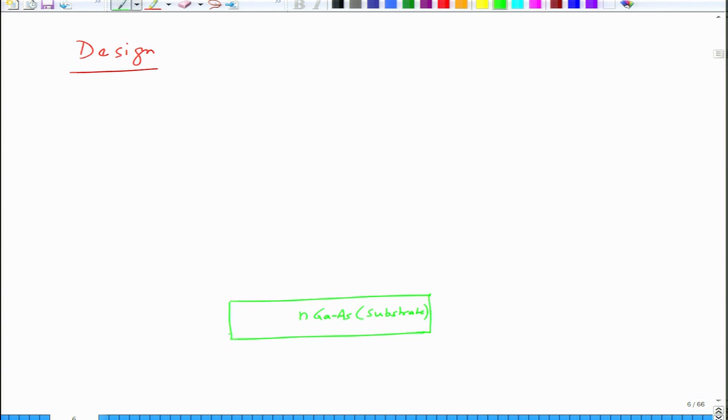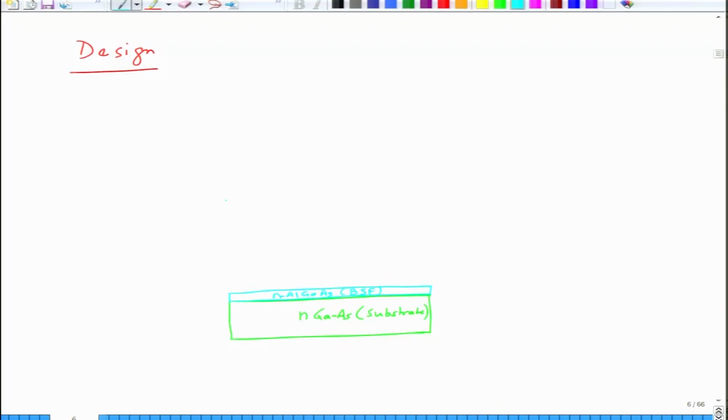So, let us first make the device and then we will put the contact, and then another layer. There is an intermediate layer in between, which is of N aluminum gallium arsenide of slightly higher band gap to create a back surface field which reduces the surface recombination. Okay. So, basically it is used to slow down the carriers when they move towards the electrode, because it has higher band gap. As a result, carriers will have to face a bit of energy barrier to move to the N electrode.